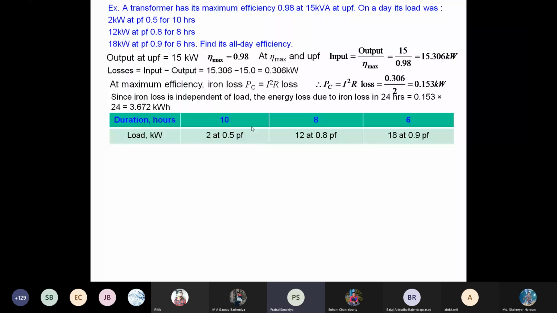Yes, because we now have the iron loss and we can subtract it from the total loss. For 24 hours, whatever energy is consumed by the iron loss, we have already got. But for these different time durations, your currents are different, and once your currents are different, you'll basically have to find out the copper loss.